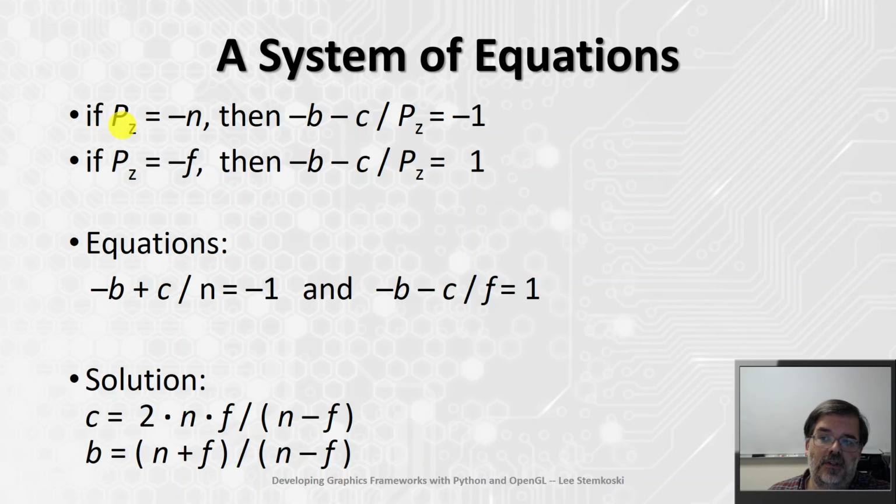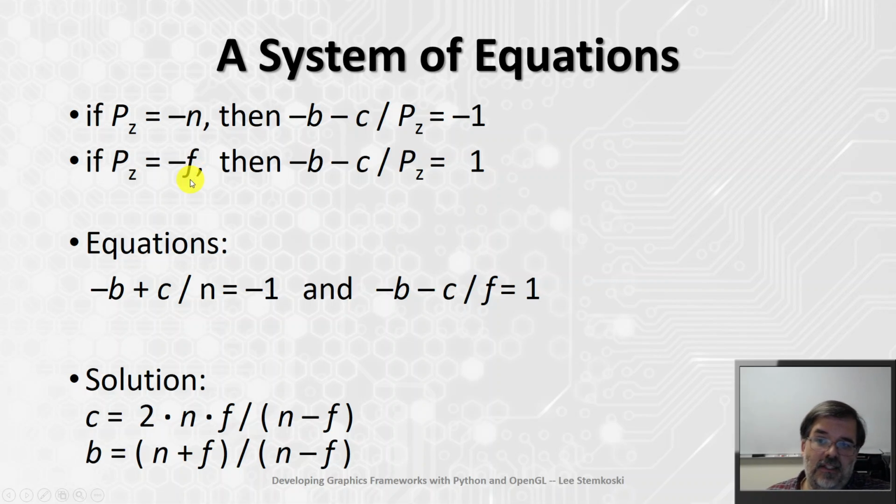Right, so the lower limit, the closest points to the camera, will satisfy their z component being equal to negative n. The furthest points from the camera will have their z component equal to negative f. Okay, so that's one thing we need to keep in mind.